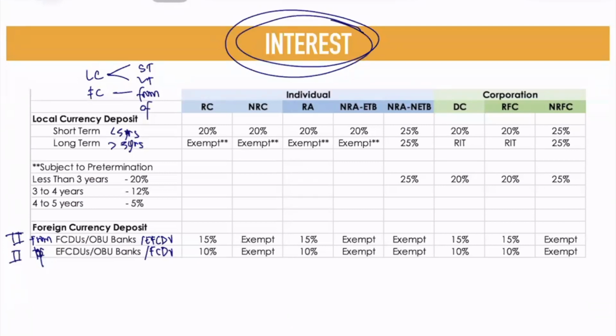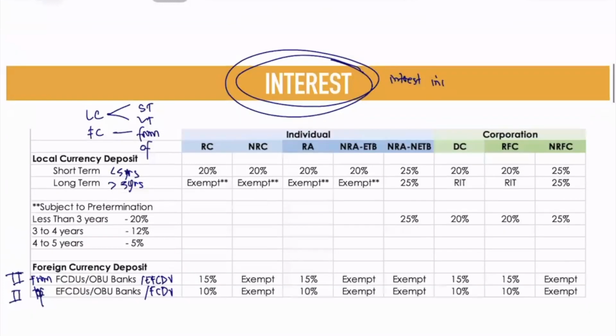So normally, these are interest income from bank deposits, deposit substitutes, and trust funds. Okay? So interest income from bank deposits, deposit substitutes, and trust funds.